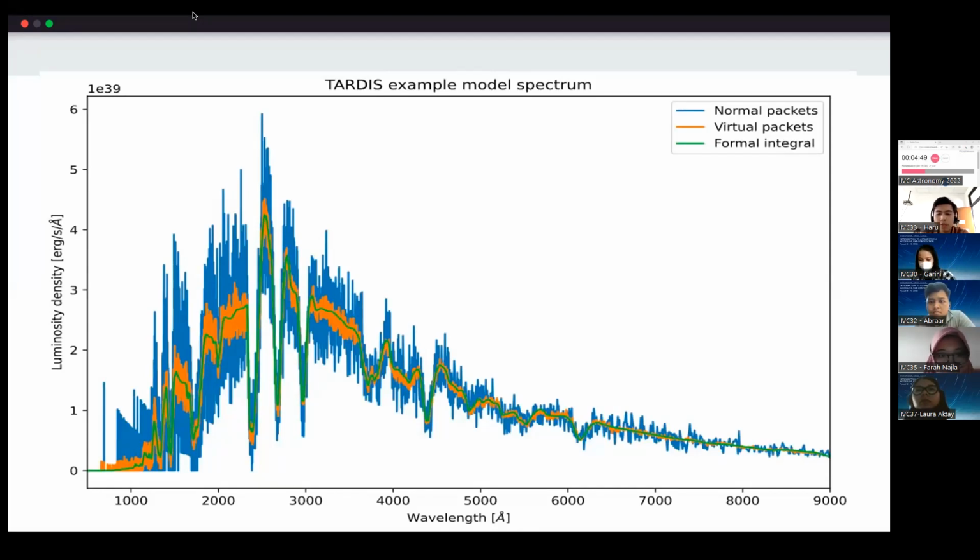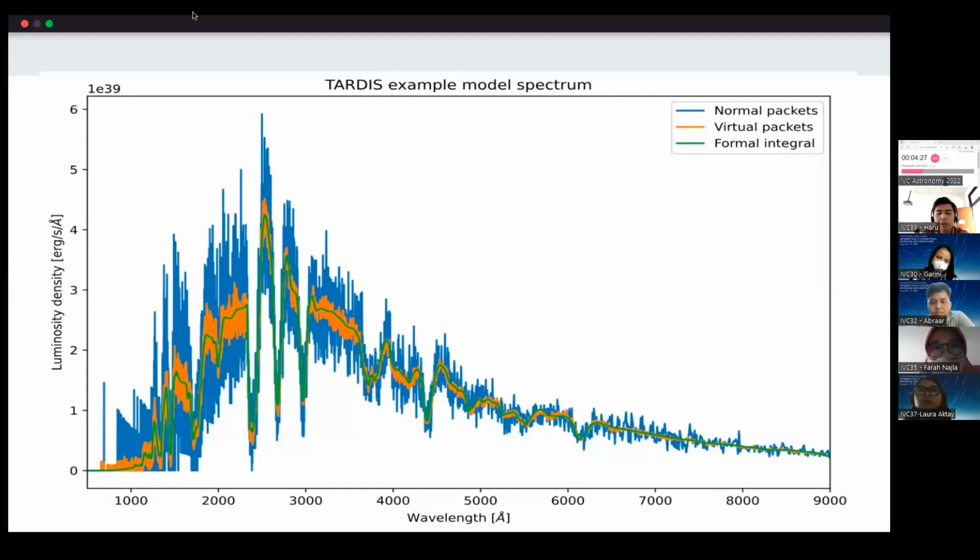However, the optical depth the virtual packet accumulates during its propagation to the ejecta surface, due to electron scattering and atomic line interactions, is tracked. Once the virtual packet escapes, its contribution to the spectrum is weighted by this total optical depth.